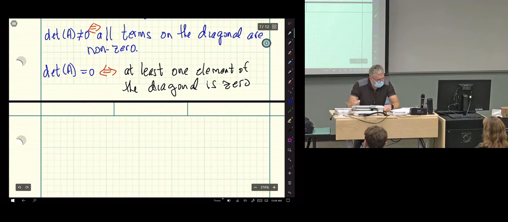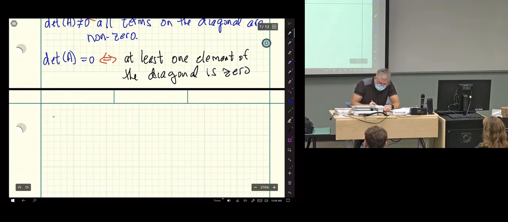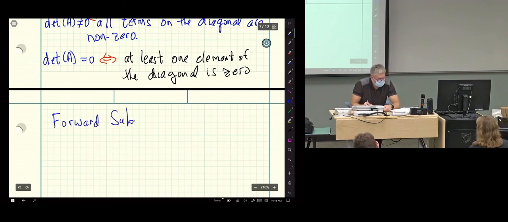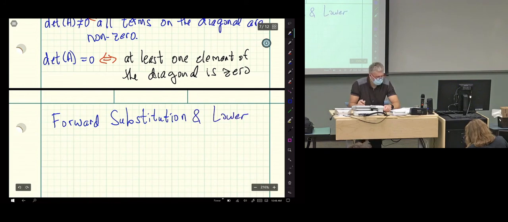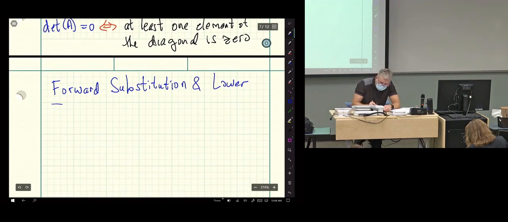Okay, we're running out of time, but let's get started on forward substitution and lower triangular systems.